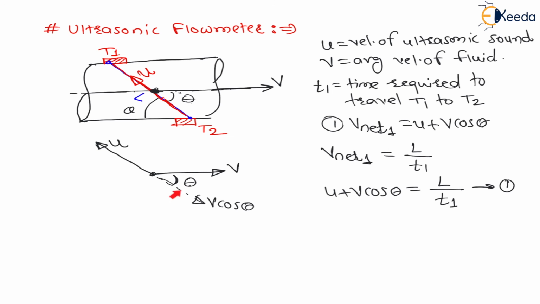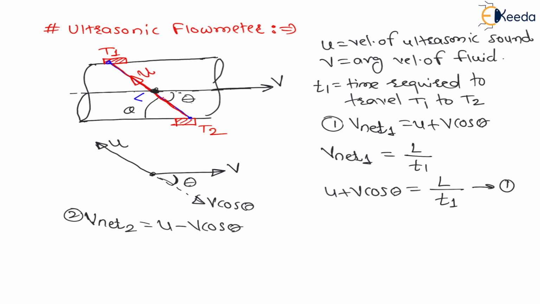Now this velocity of flow along the direction of travel of distance L is in the opposite direction to the velocity of sound. Therefore, what will be the net velocity in the second case? For the second case, v net will be equal to u minus v cos theta. Definitely they are traveling in opposite directions, therefore it will be u minus v cos theta.